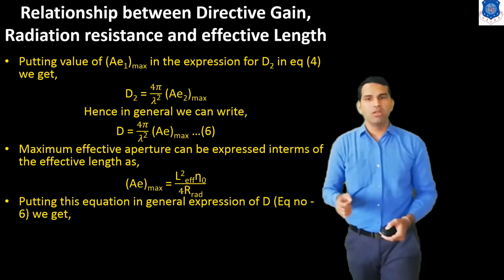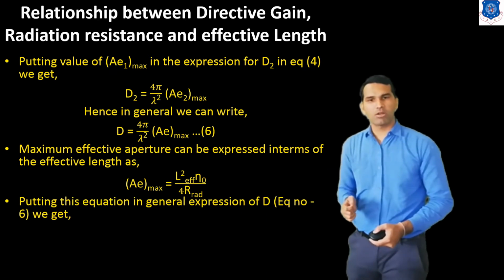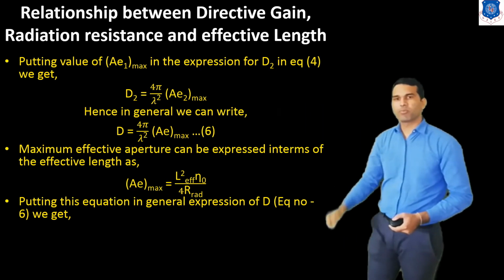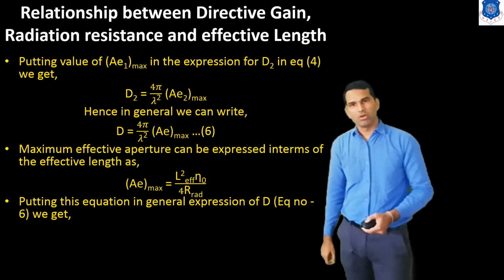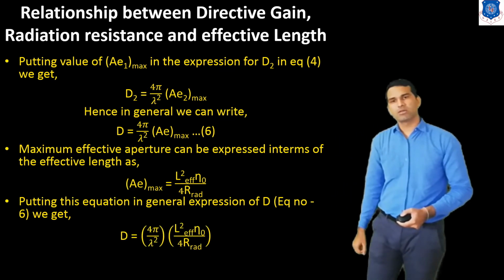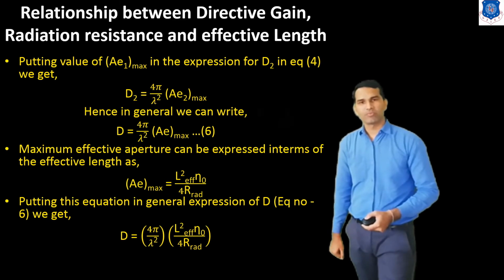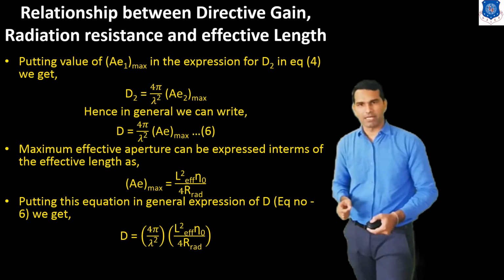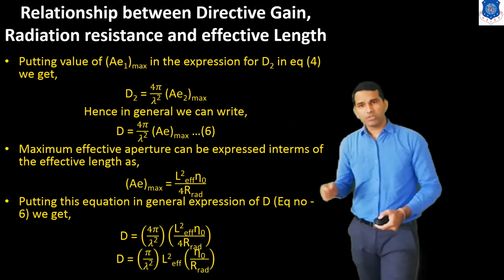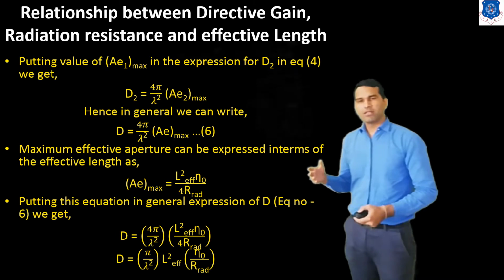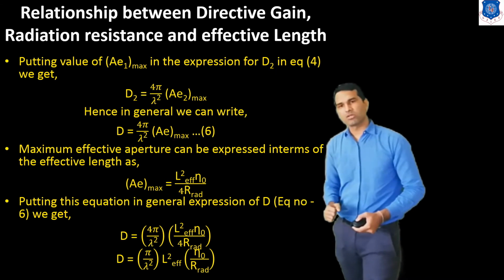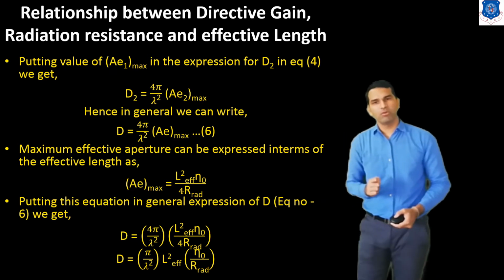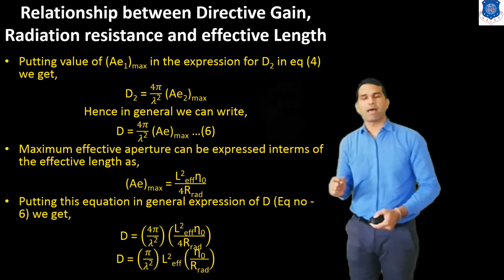Putting this value in the general expression of D, that means in equation number 6, we get D is equal to 4 pi upon lambda square L effective square eta 0 upon 4 R radiate. So we can write this equation as D is equal to pi upon lambda square into L effective square eta 0 upon R radiate.